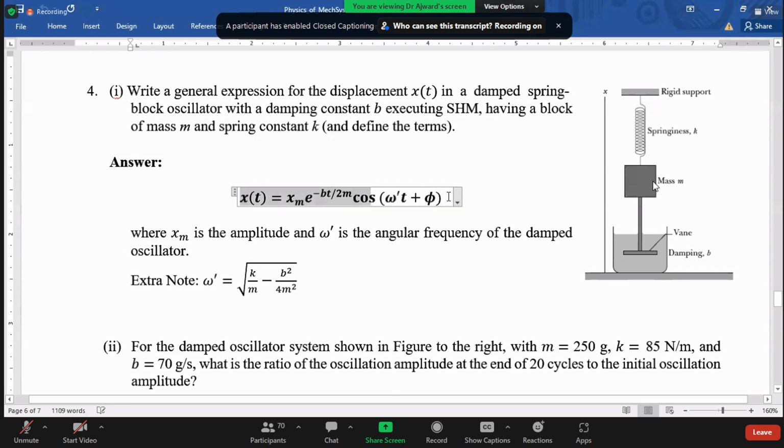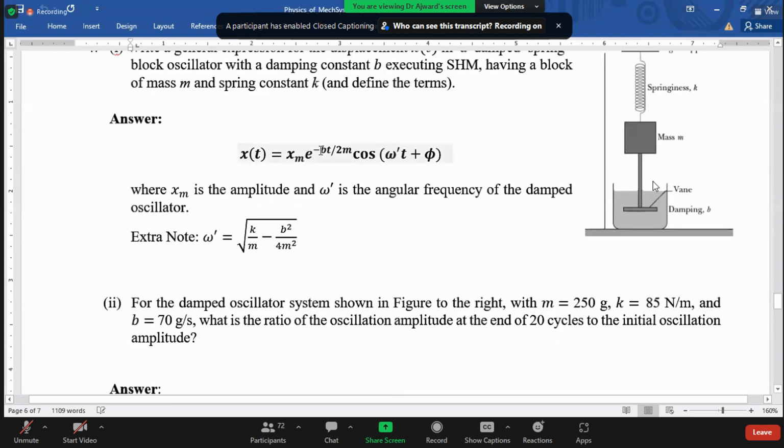So if you look up the lecture notes, you will notice that this is the solution for the displacement of the damped harmonic oscillator. Undamped, that is the normal harmonic oscillator, this term is there, the exponential term, right?